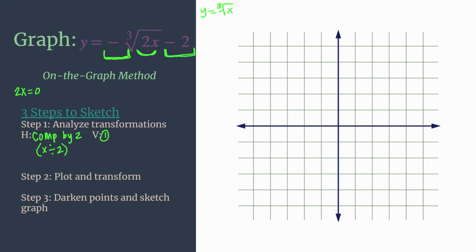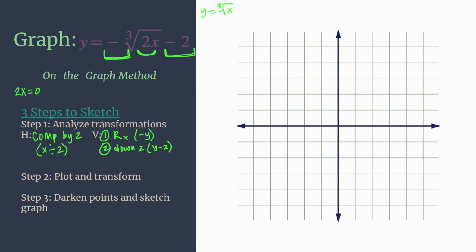All right, so multiplying by a -1 indicates that we have a reflection, and that will be a vertical reflection, so over the x-axis. So we'll note that's either reflecting or just multiplying our y's times -1. And now to finish up our vertical transformations, we look at that -2, so we know our graph will be moving down 2, or our y's -2.